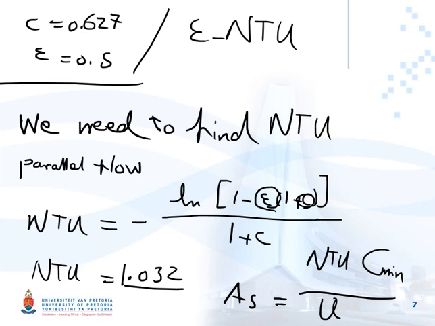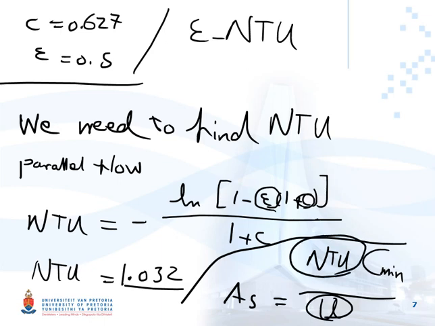But in this example it was really easy. Why? Because the overall heat transfer coefficient was given. Okay, so if we use this correlation here, we have U, which is the overall heat transfer coefficient. We calculated the number of thermal units to be 1.032, and the minimum heat capacity rate, we said, is the same as the heat capacity rate of the hot fluid, so we have it as well.